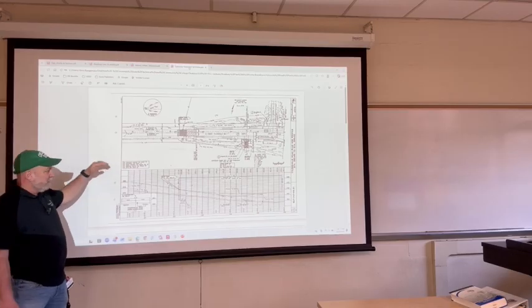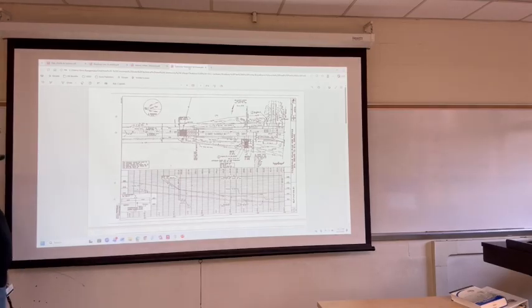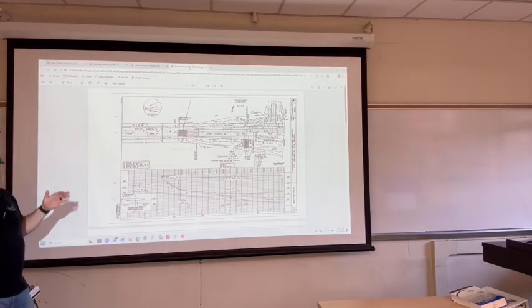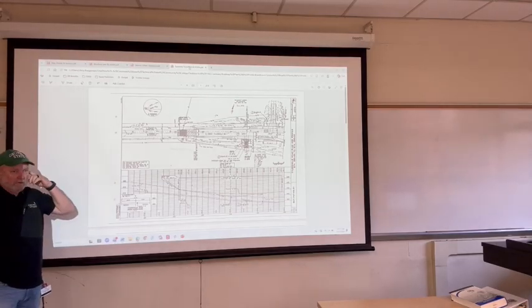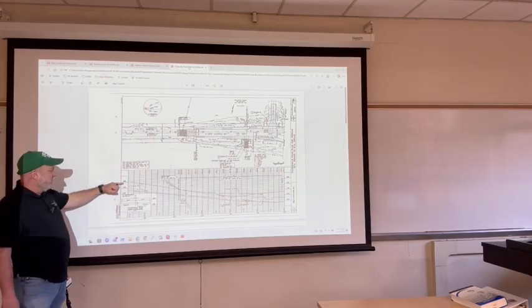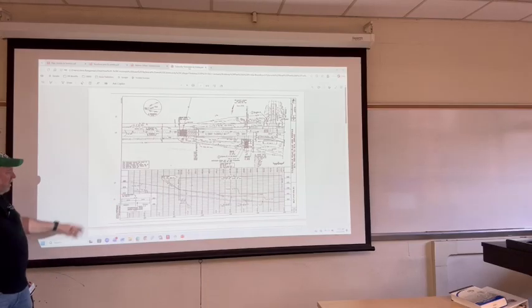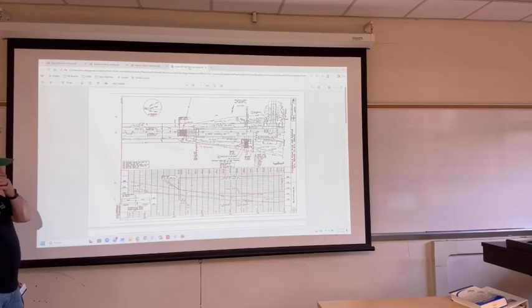Again, it exaggerates so you can see the vertical component. Otherwise, a lot of these will look relatively flat, and it's hard to see where all the vertical components are. So they do change the scale. These are differences in elevations, 670, 675, 680. So you can see where everything is roughly.